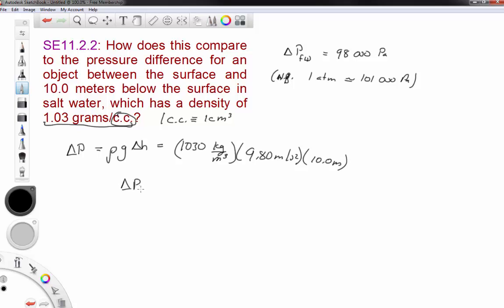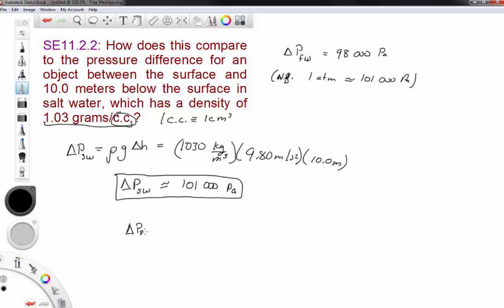And so what we end up getting is that for salt water, the increase in pressure is about 100,940. So we could say very roughly 101,000 pascals. So this is, of course, going to be a factor of 1.03 times greater than what we got for fresh water. A quicker way to calculate that would have been to say, because instead of getting the actual pressure, we wanted to know the comparison between the two pressures.